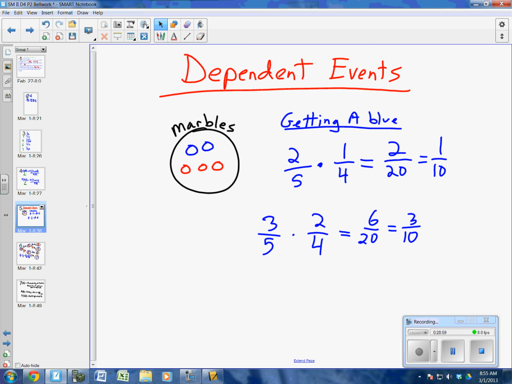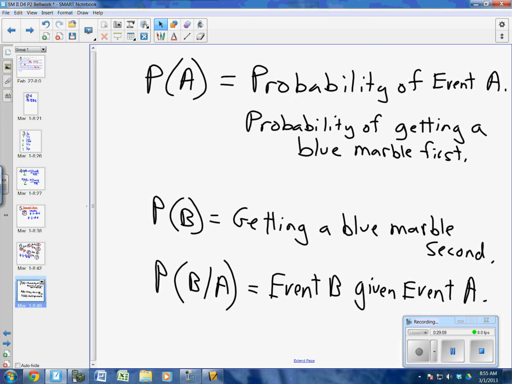Probability. Event B was a 1/4 probability, given that event A happened. Do you understand that? And so this notation is saying: what's the probability of getting a blue marble on my second draw given that I got a blue marble on my first draw? Do you guys understand that? Does that make sense now? Yeah. Okay, and that's all this is saying right here.